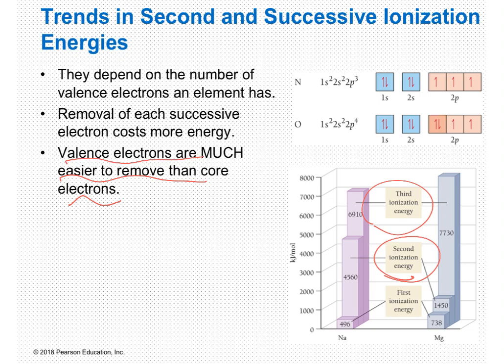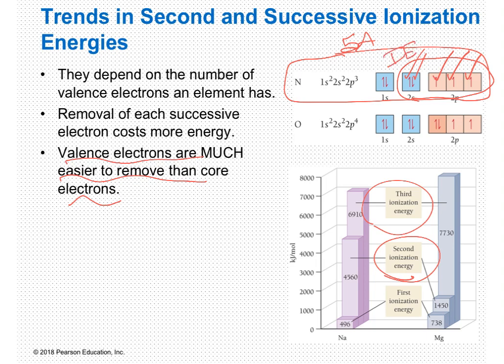So it's pretty easy to, for example, let's look at nitrogen. Okay, nitrogen is in group 5A. It has 5 valence electrons. So it's pretty easy to pick off all of the valence electrons, the electrons in the second energy shell. It turns out once you remove all the valence electrons, the ionization energy for the next one, which is a core electron, goes through the roof.